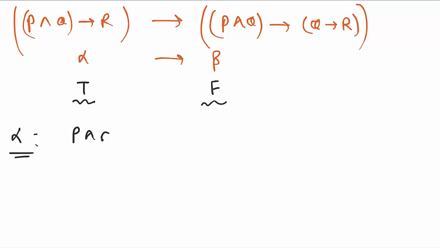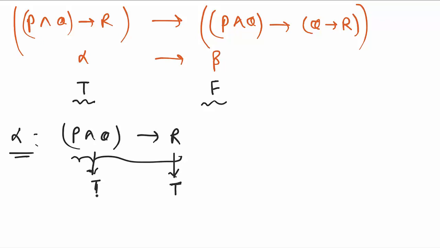To make alpha true, this is true when this particular thing is true and R has to be true, or this is false and R is anything, right? So there are two possible ways where we can make alpha true.